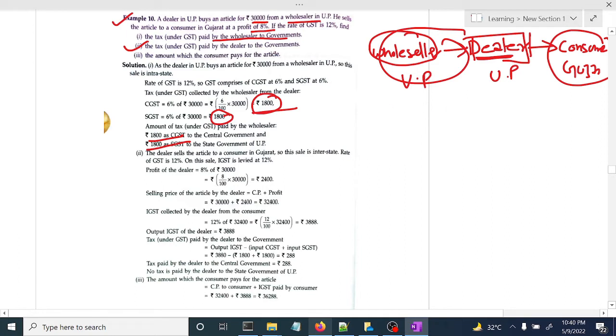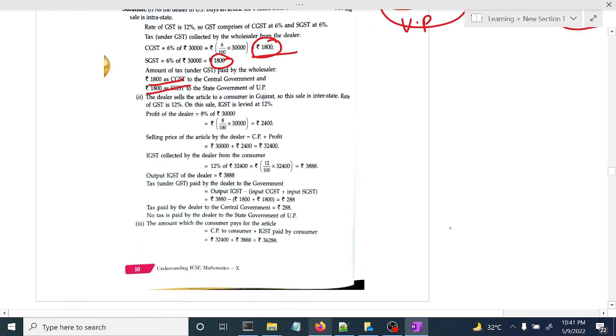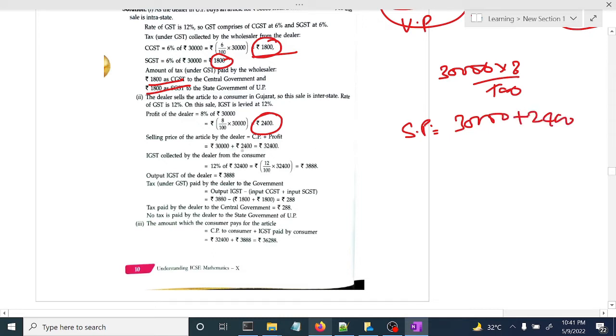The dealer is selling this article at a profit of 8%. 30,000 is the cost price, and 8% of that is the profit, which is 2,400. So the actual selling price would be 30,000 plus 2,400, that is 32,400.